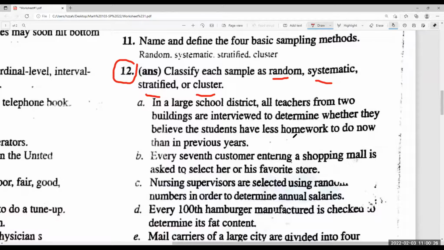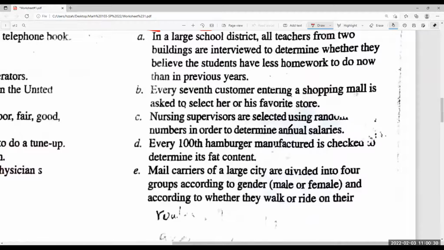Next one. The next one is easy. Every seventh customer entering a shopping mall is asked to select her or his favorite store. Systematic. You see, seventh, that's it.